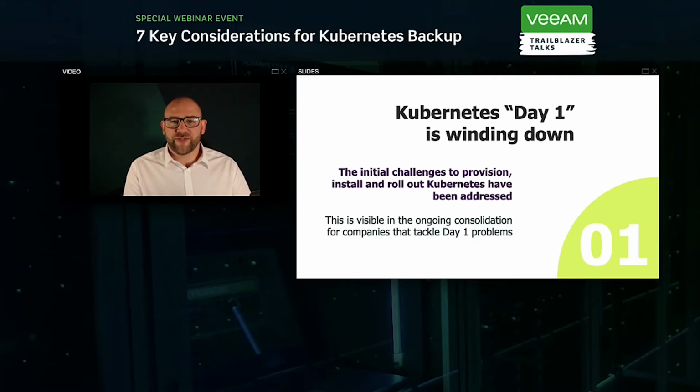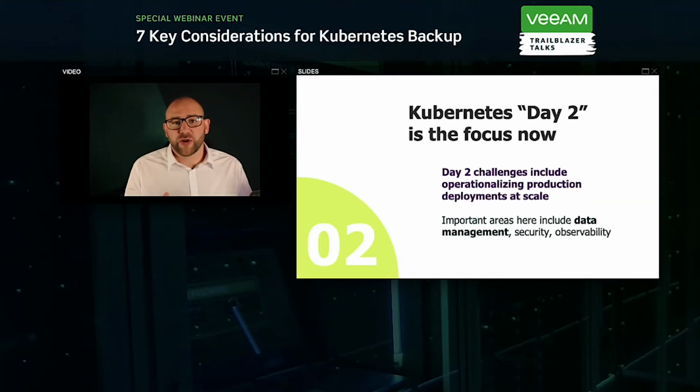That first step into this world has really been accomplished. Yes, there are other areas that can be improved, especially around visualization, UI management, etc., and we're seeing projects pop up everywhere around that. But really, that was the initial problem, provisioning that cluster, and that's pretty much sorted for now.